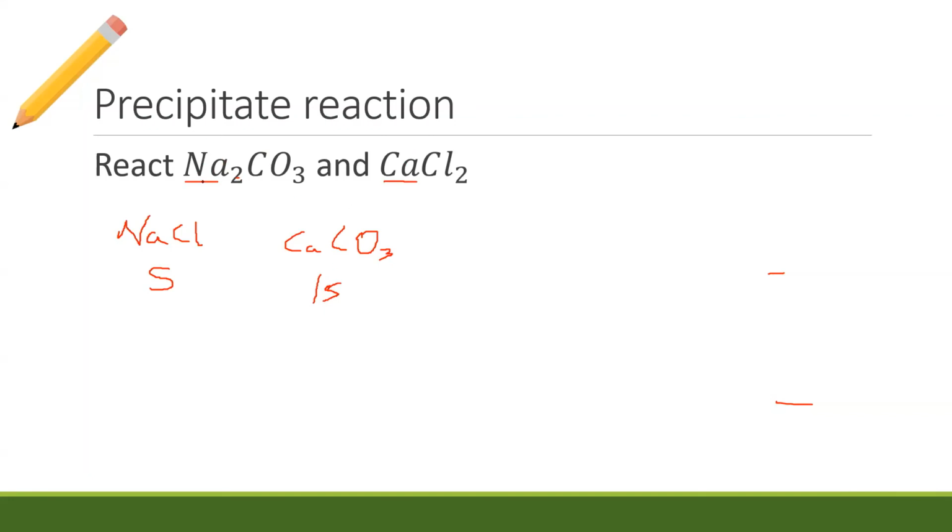When it's bonded to sodium, because it's an alkali metal, it's going to dissolve. So when you mix sodium carbonate and calcium chloride, you will get an insoluble thing. You will get something sinking to the bottom. So that means that this is a precipitation reaction.